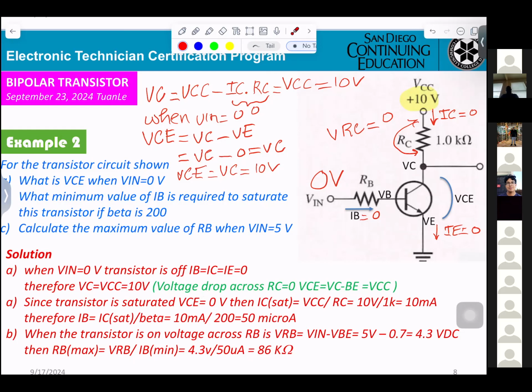Number 2. What minimum value of IB is required to saturate this transistor if beta is 200?